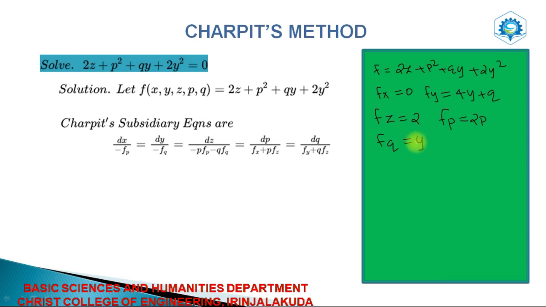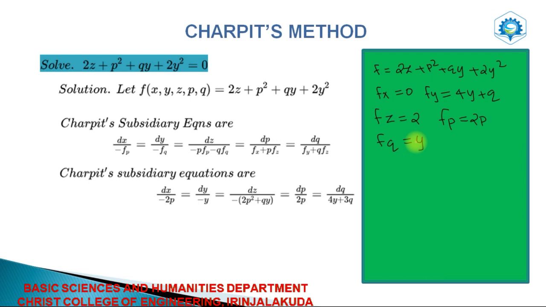So these are our required partial derivatives. Substituting these values, we get dx by minus 2p equal to dy by minus y equal to dz by minus of 2p square plus qy equal to dp by 2p equal to dq by 4y plus 3q.